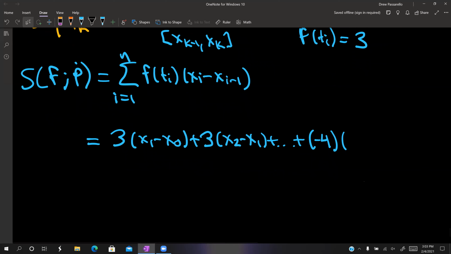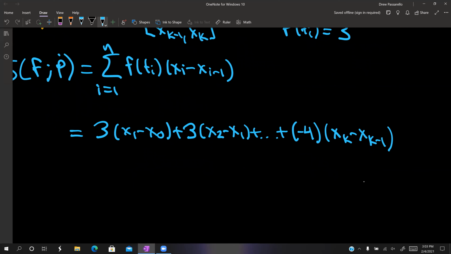So it'll be -4 times xk minus xk minus 1. And then it's 3 for everything else. So then plus 3 times xk plus 1 minus xk and so forth.